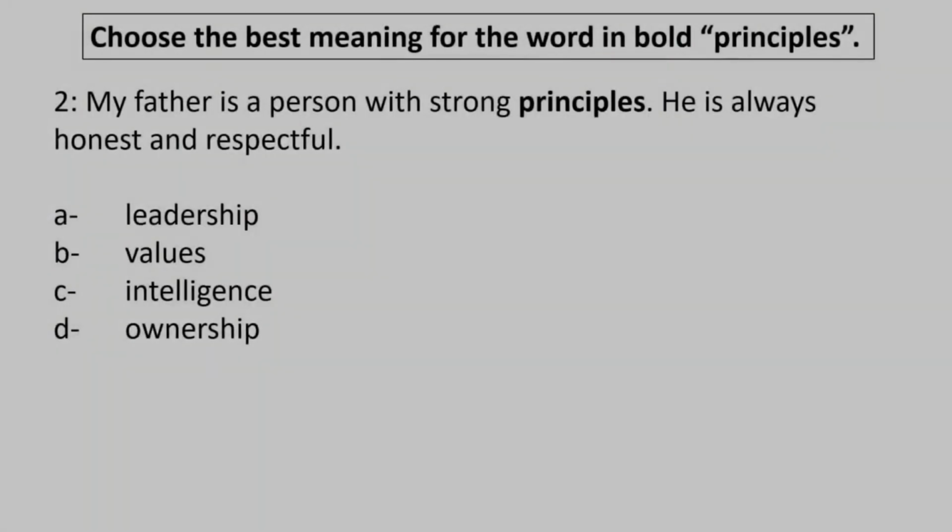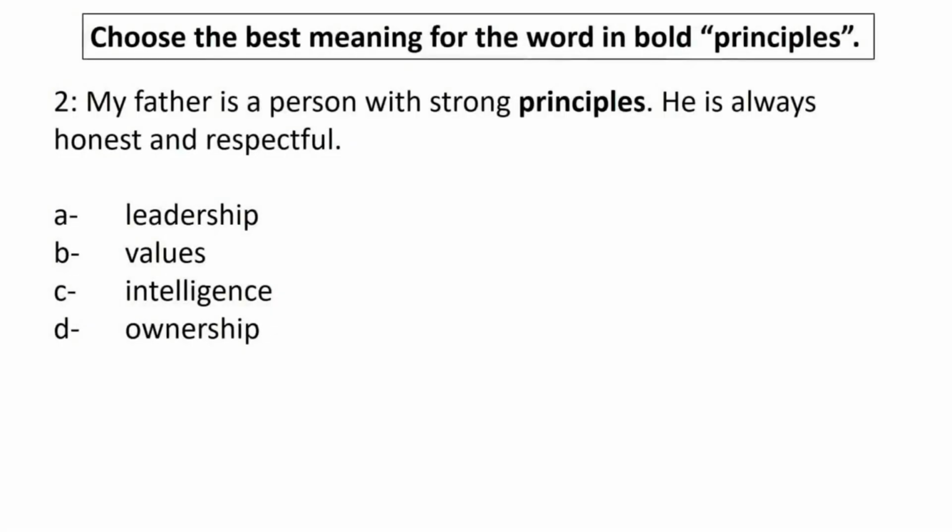Choose the best meaning for the word in bold. Principles. My father is a person with strong principles. He is always honest and respectful. So we have to find the closest meaning to principles, which is in bold, from the choices here. A, B, C, and D. Leadership, values, intelligence, and ownership.